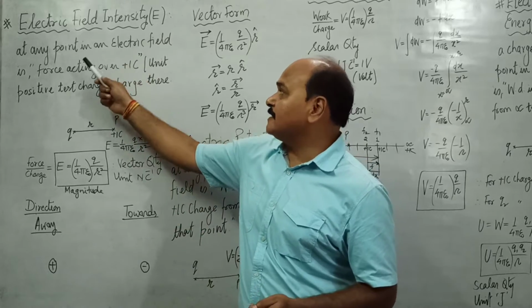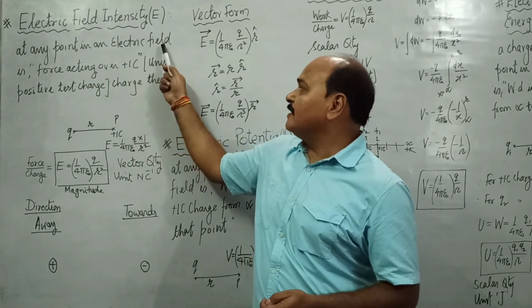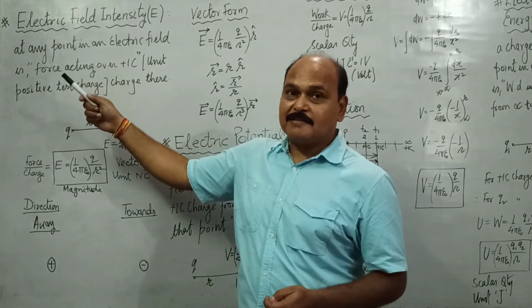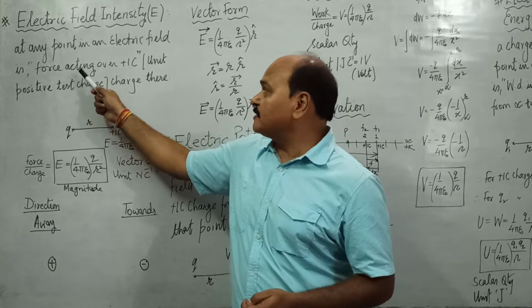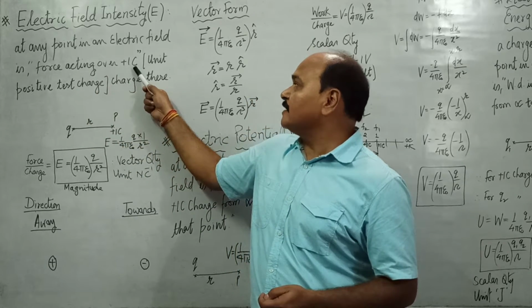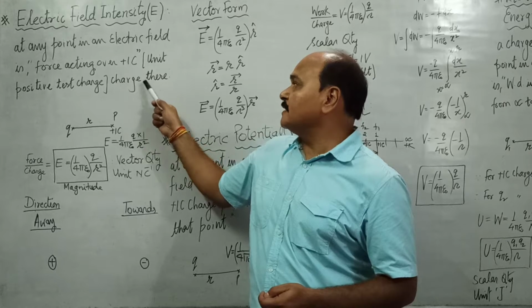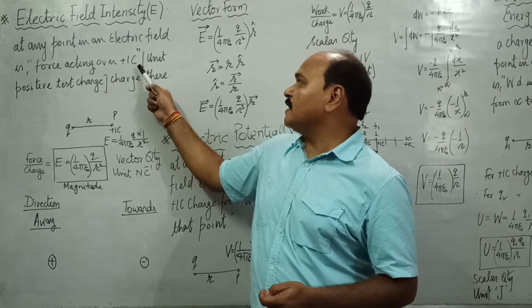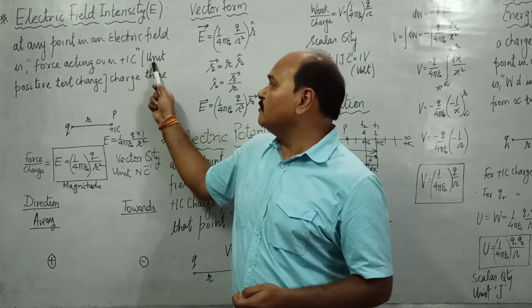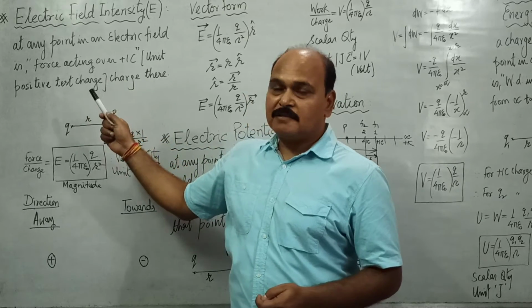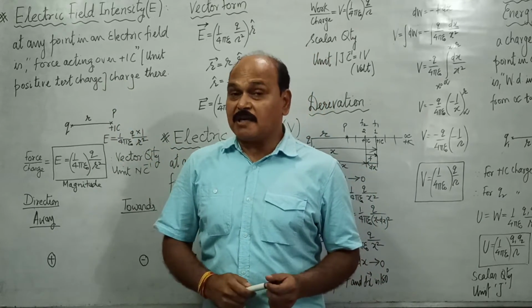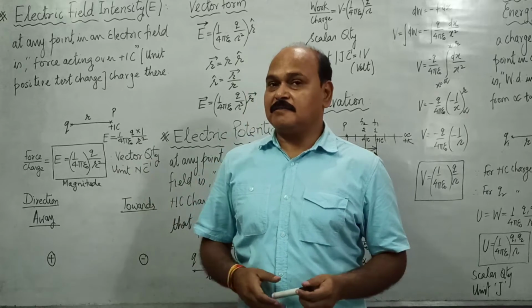Electric field intensity at any point in an electric field is defined as the force acting over plus 1 Coulomb charge there. This plus 1 Coulomb charge is also called a unit positive test charge. Children, this plus 1 Coulomb charge is a hypothetical, imaginary charge.